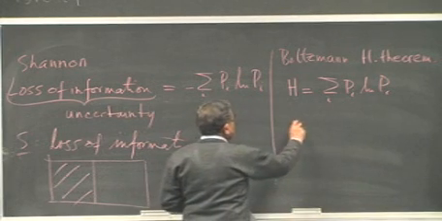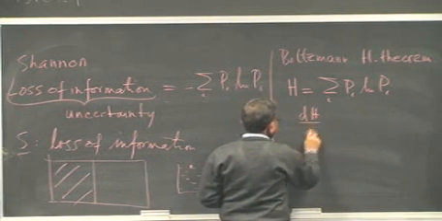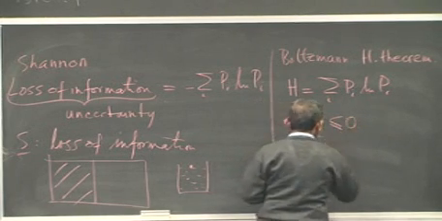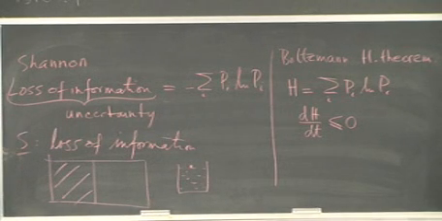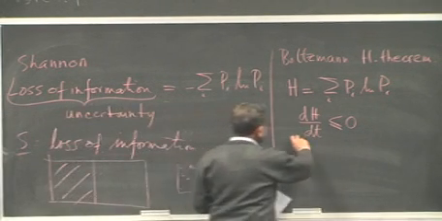And Boltzmann H theorem says dH by dt is always less than or equal to 0. dH by dt decreases in nature. And I will take some time to prove this also, because I think we have the means to.